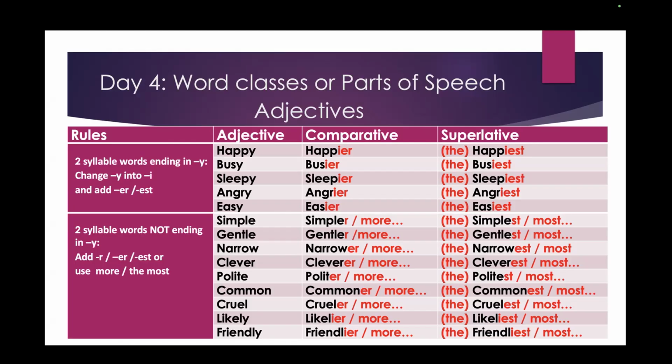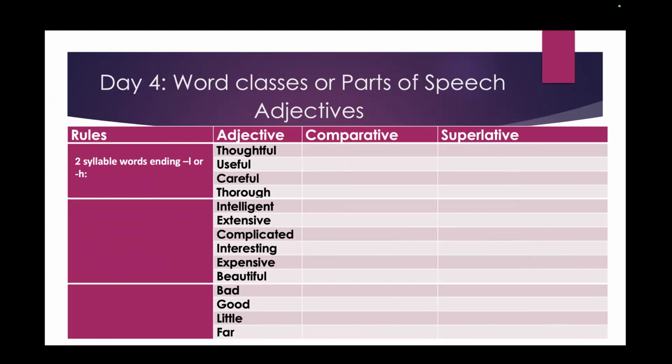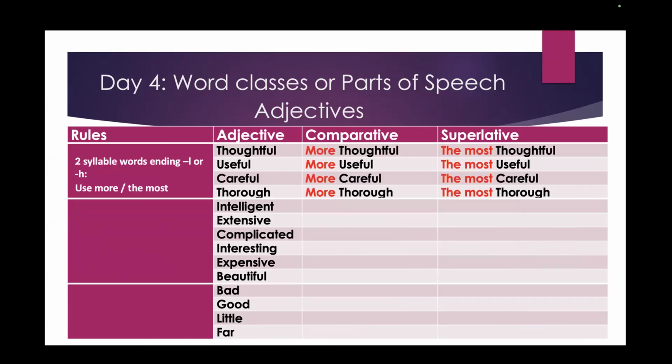So these are cases of two-syllable words that can be either converted to comparative using R or more, and the superlative using ST at the end, or the most. Following with adjectives with two syllables, but here ending in L or H, we have to use more and the most.